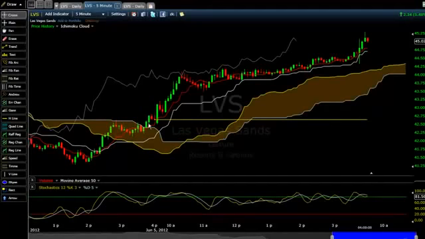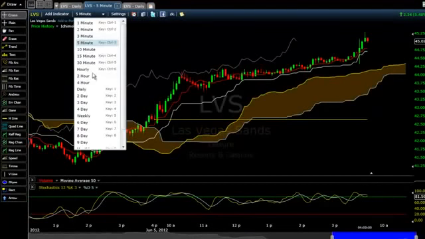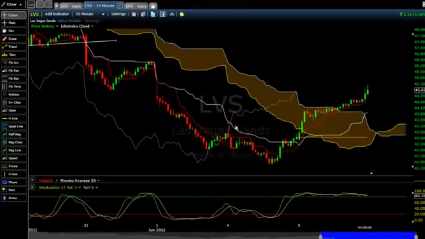What I was looking for was this Momo to continue into the 15-minute, which we got. Okay, we had Chiku emerge above towards the end of the day. Chiku emerged above the Kumo. So this more than likely is going to rally tomorrow. I still have the 95-100 spread on, so we'll see how this plays out.